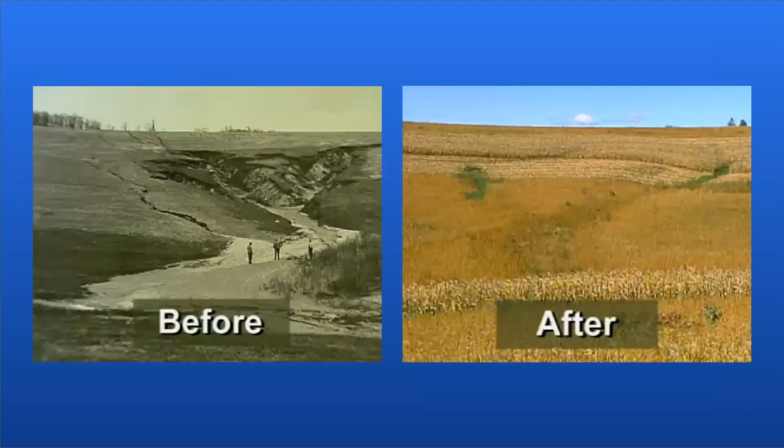Today, the Soil Erosion Service is known as the NRCS, the Natural Resources Conservation Service. And as the number of dairy farms in the area decreases, the demand for hay also decreases. So the iconic soil erosion prevention contour strips are actually being removed.